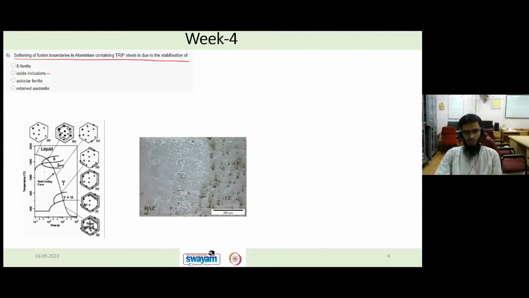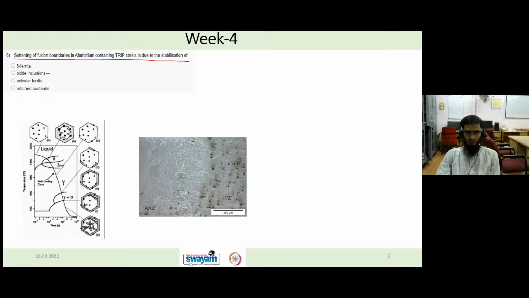You can see here when we cool it from the liquid region, the first phase which will be forming is delta ferrite, right? And then as you decrease the temperature, the austenite transformation will start, and delta ferrite plus austenite will be there, and after crossing this line, we will have complete austenite.